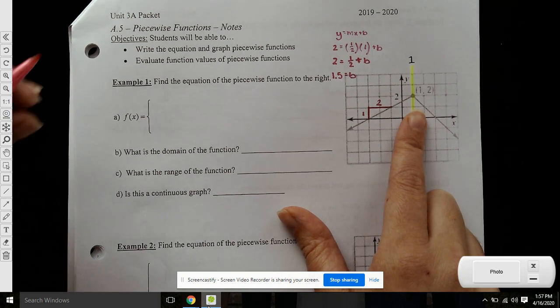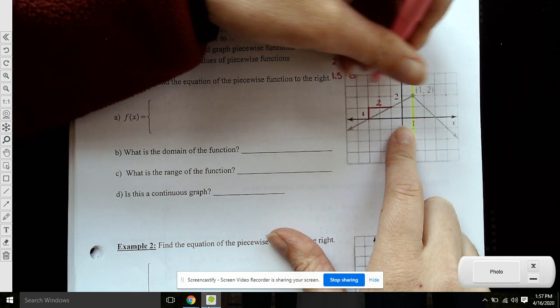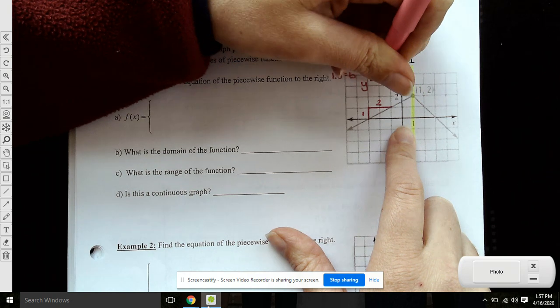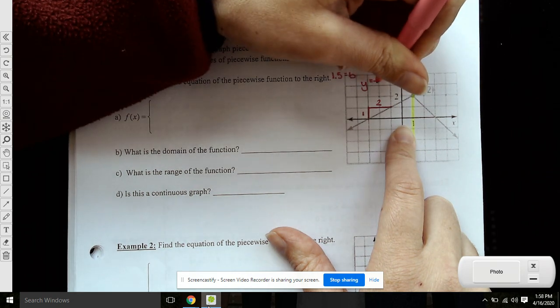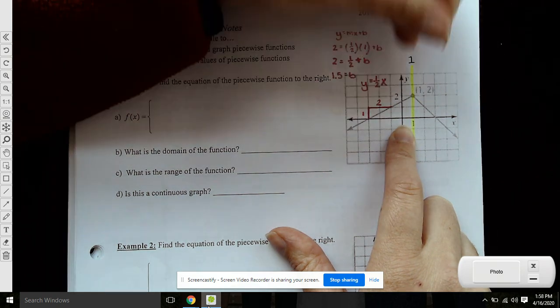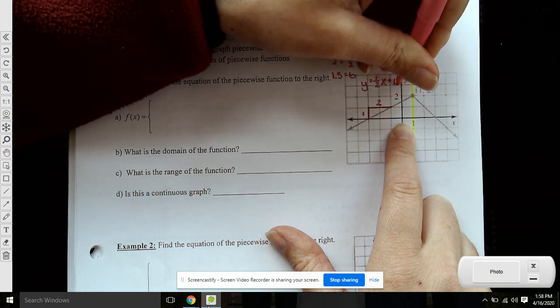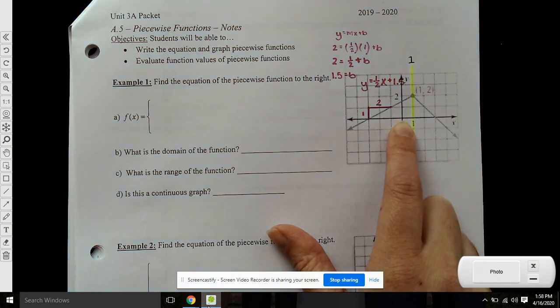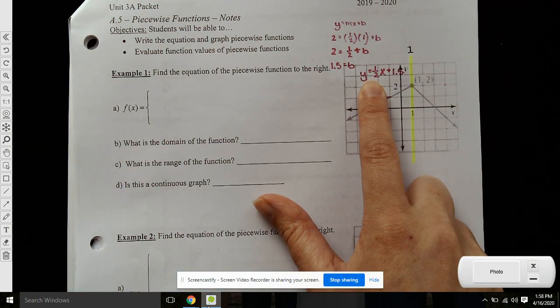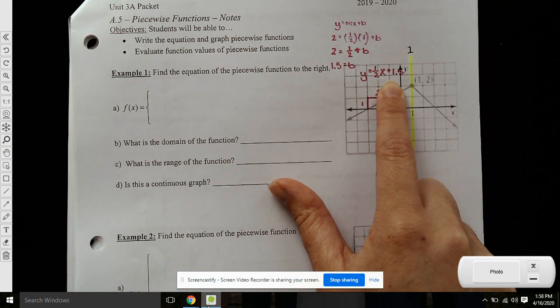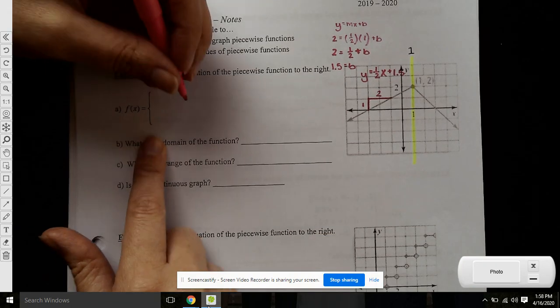So that gives me the equation on this side of y equals 1/2 x plus 1.5. I don't really like using a fraction and a decimal in the same equation, so when I write that over here, I'm going to use 3/2.